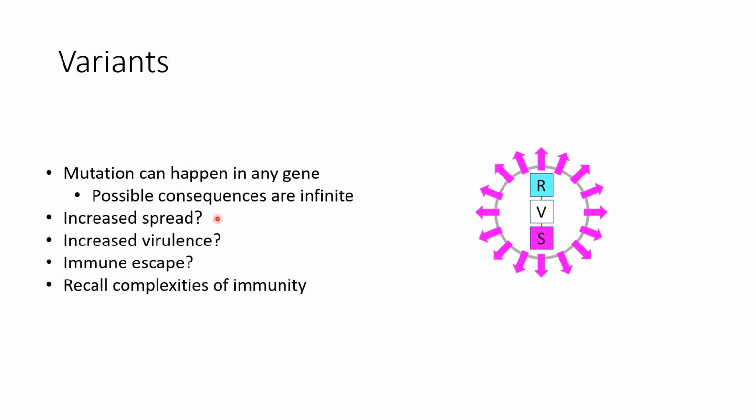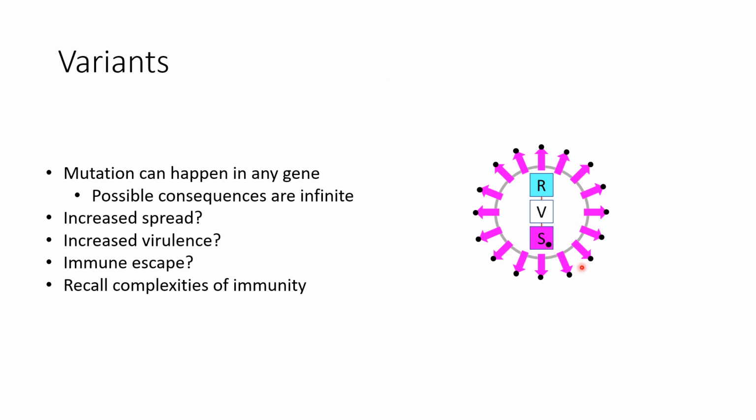But you could also, on rare occasions, perhaps introduce mutations that potentially could increase the ability of the virus to spread, potentially could increase its virulence, potentially allow the virus to escape existing immunity. Recall, however, that immunity is very complex, and so it's not a simple matter to escape immunity, and one mutation may not do the trick.